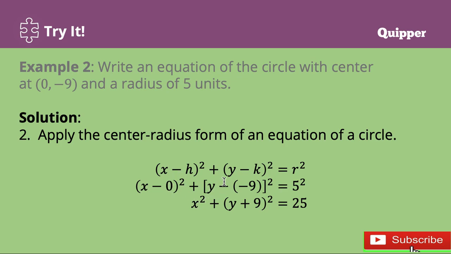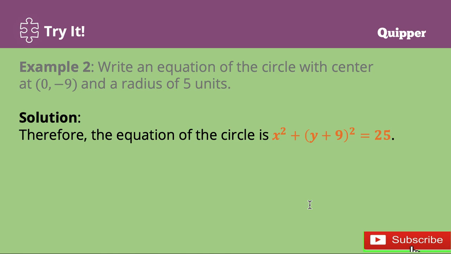And negative times negative is positive. So you have (y plus 9) squared is equal to 5 squared, which is 5 times 5, and we have 25. Therefore, the equation of the circle is x squared plus (y plus 9) squared is equal to 25.